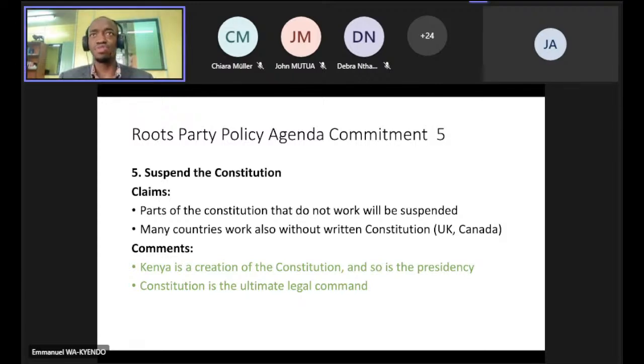It's another simple solution to the complex problems that Kenya faces.